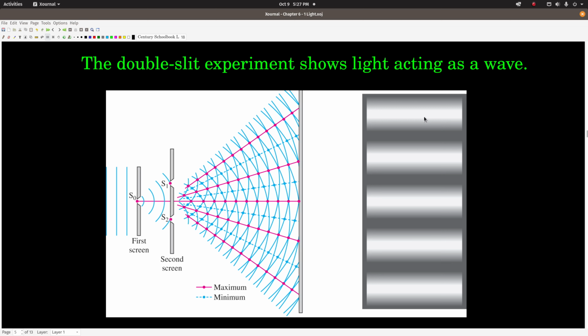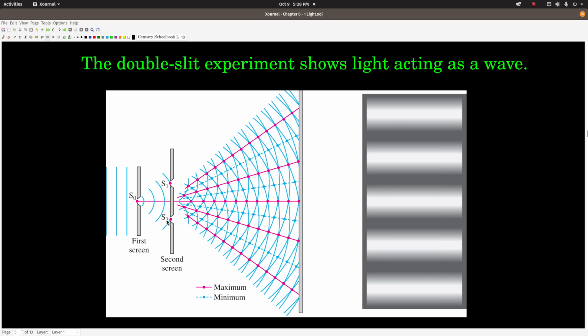The bright spots are where there's constructive interference. The dark spots are where there's destructive interference. The reason for that is as this light passes through the first slit, it then hits these two slits here. The light that comes out here comes out in these arcs, right? And these are waves.